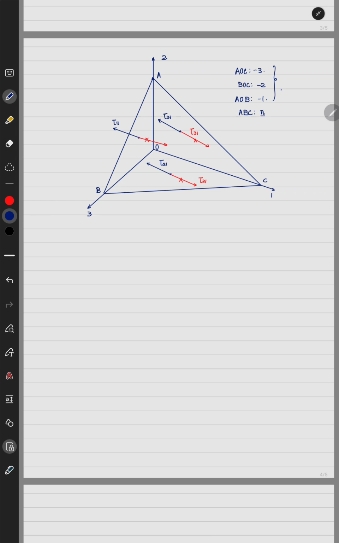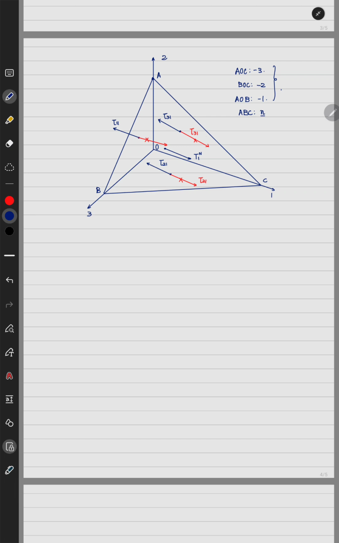Now considering ABC, the area which is not oriented along the standard 1, 2 and 3. Suppose at this point I draw the total force, which is oriented along direction n, and the direction of force is 1.